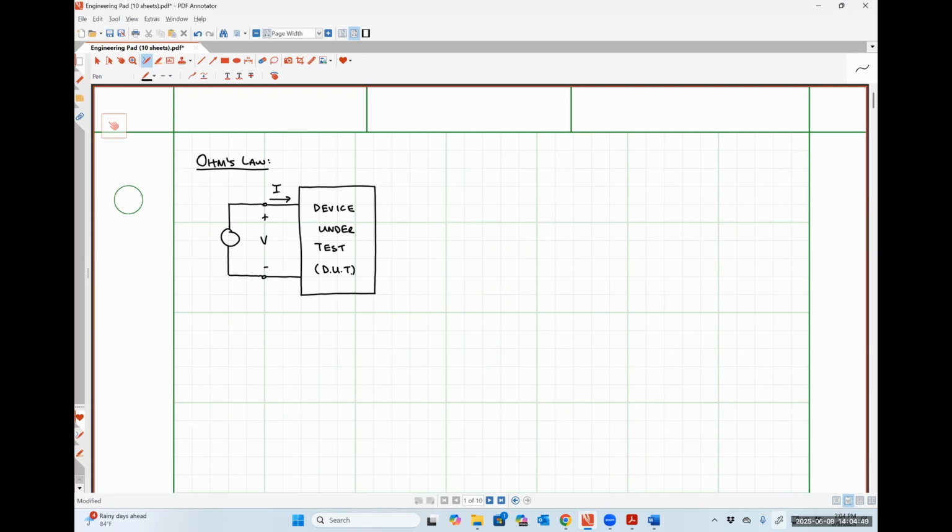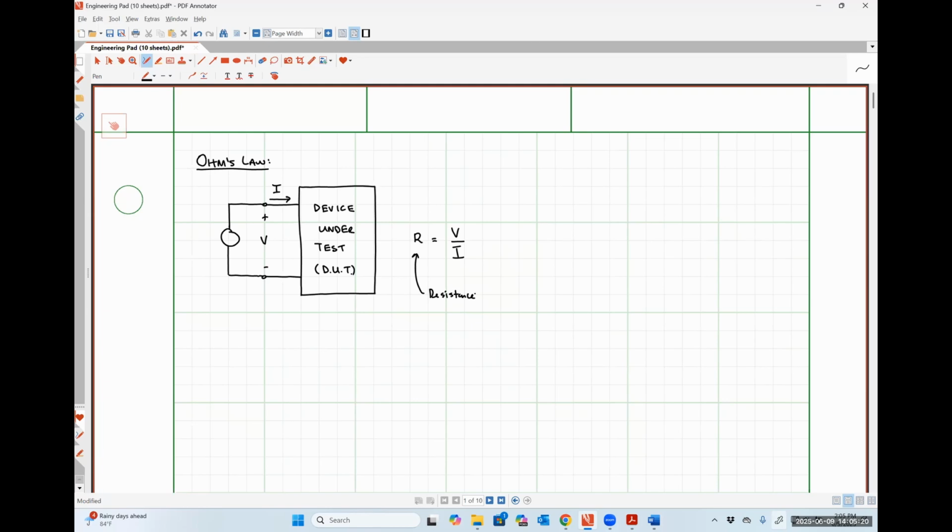So from Ohm's experiment, we could say that Ohm's law tells us that our resistance R is equal to the ratio of the voltage drop across the terminals of a network of interest divided by the current flowing into the terminals of a network of interest. So let me just make a note right here. This R stands for resistance.